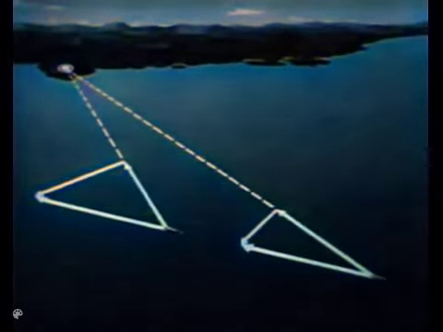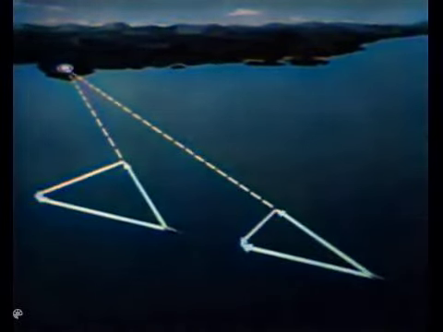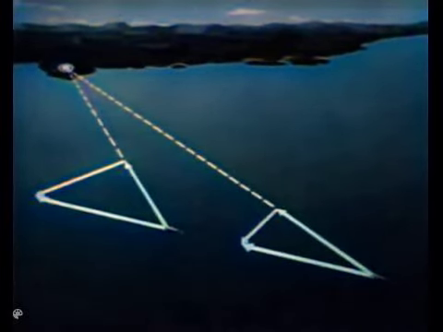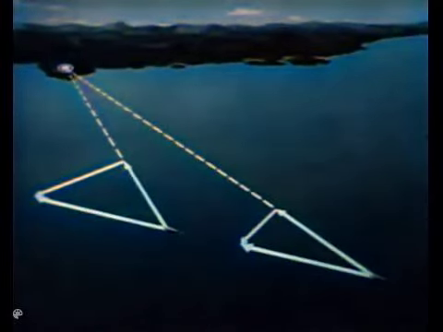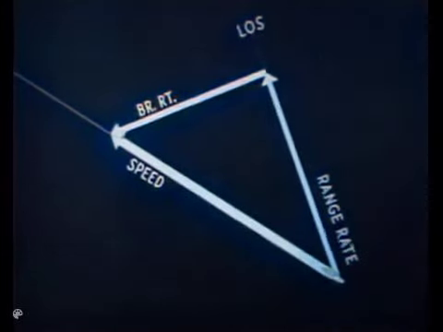Comparing vector diagrams at two ship positions, the difference in the components of bearing rate, and also the difference in the components of range rate, show again how these rates may change, even though ship's course and speed are constant. These rates also change with a change in course.